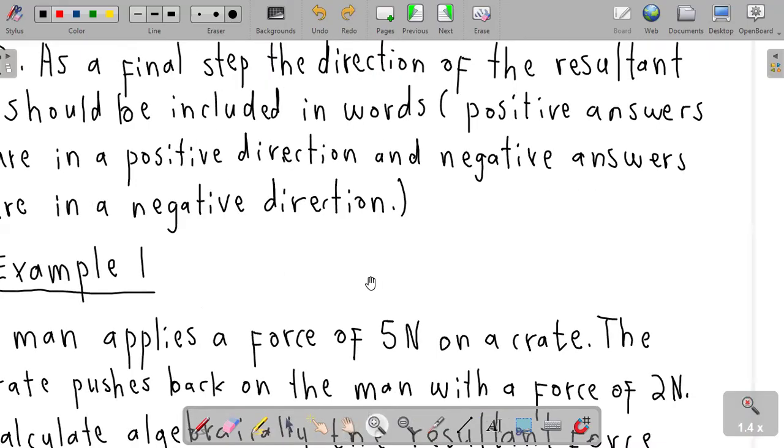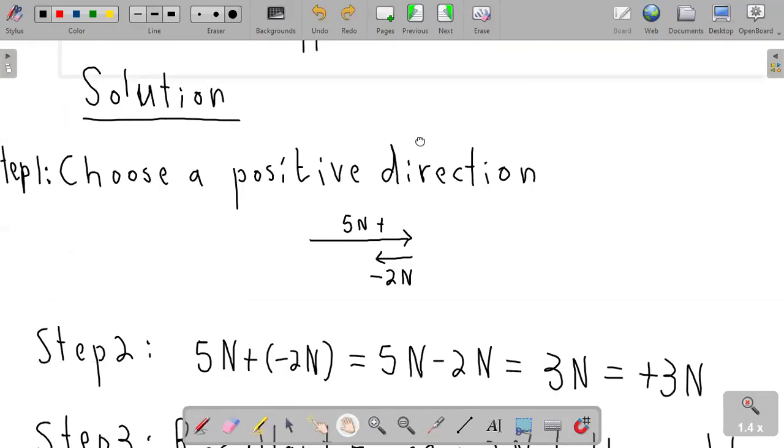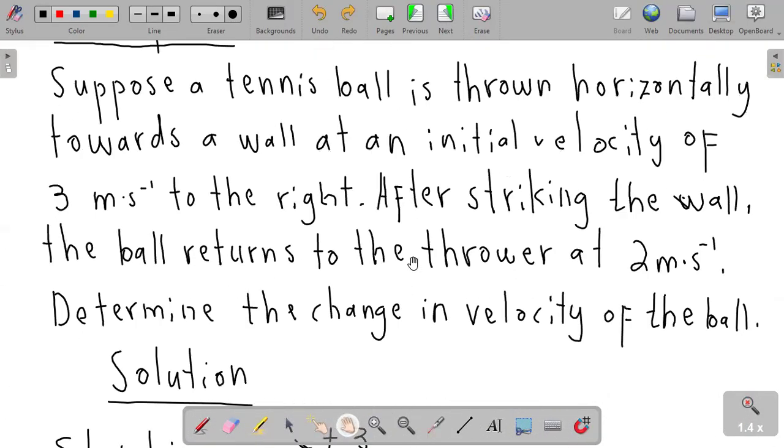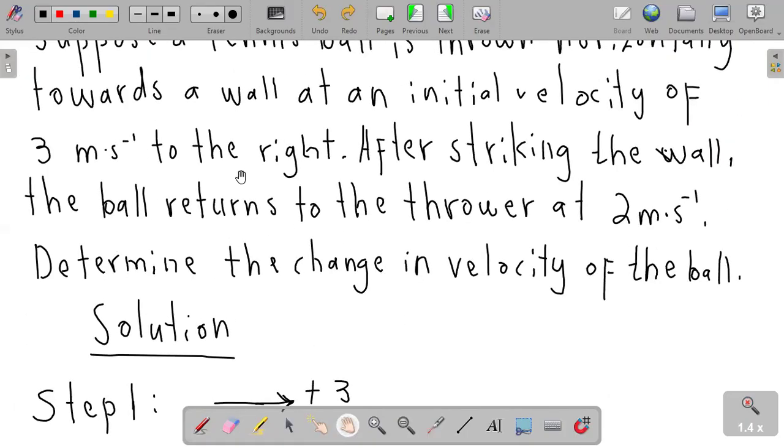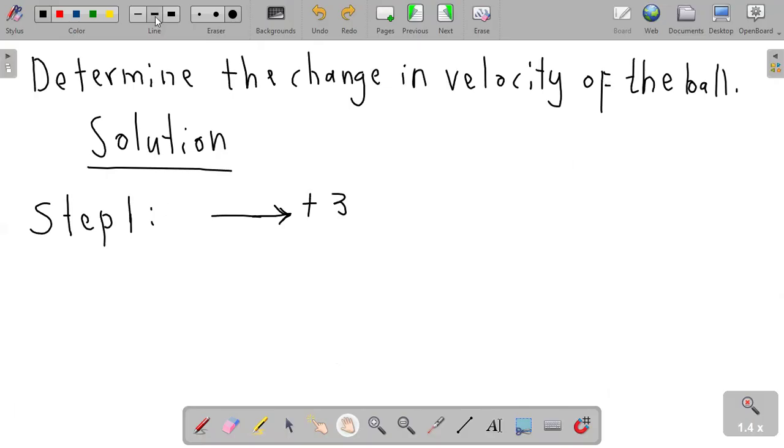If to the right is positive, that means to the left is going to be negative.